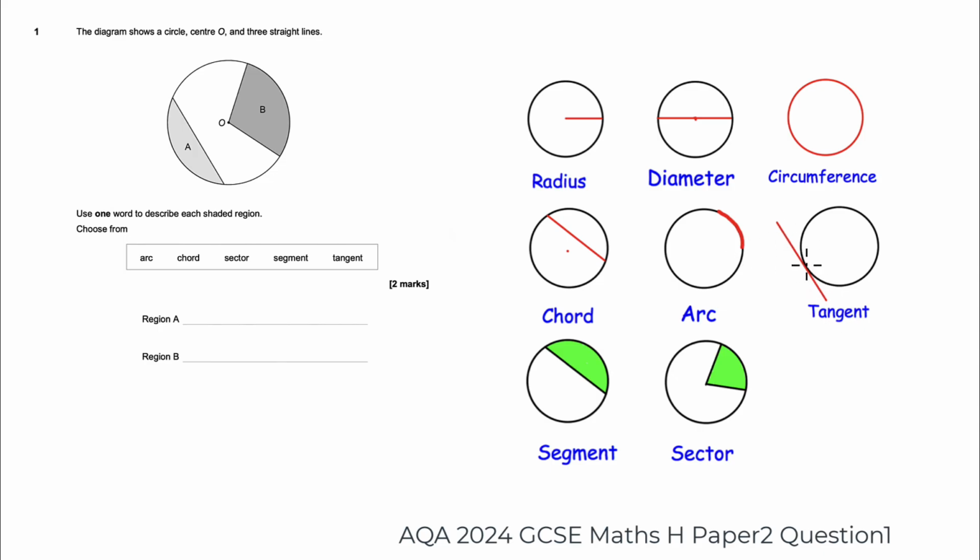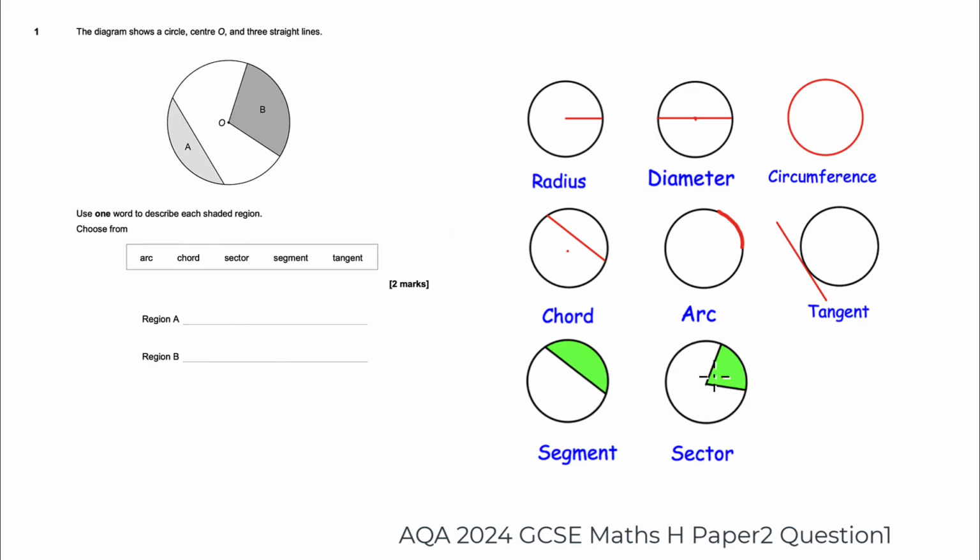Tangent's a line which just touches the circle at one point. It's like a wheel rolling on a road surface. It just touches at one point. That's a tangent to a circle. Here's a chord. The area between that chord and this arc of the circle is called a segment.